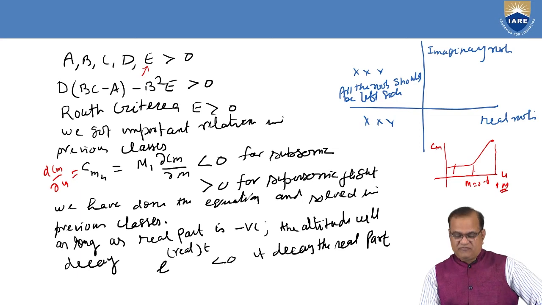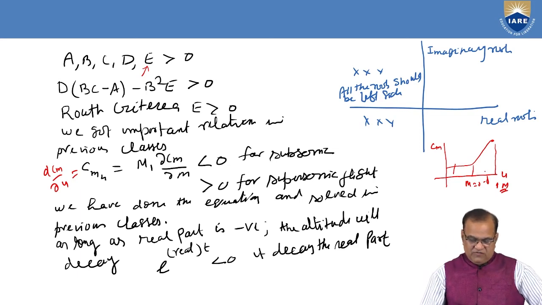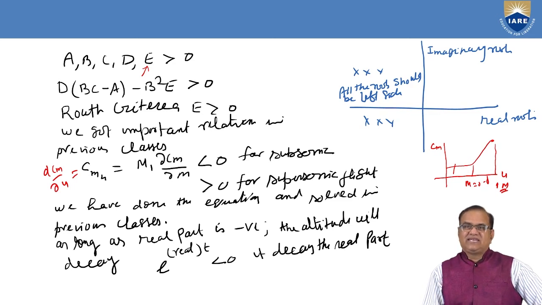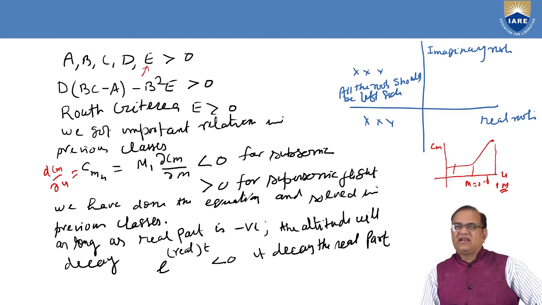So for the high speed aircraft, we have done the equation and solved it in the previous classes. As long as the real part is negative, the attitude will decay, that is, e to the power of the real term, which is less than 0, decays.